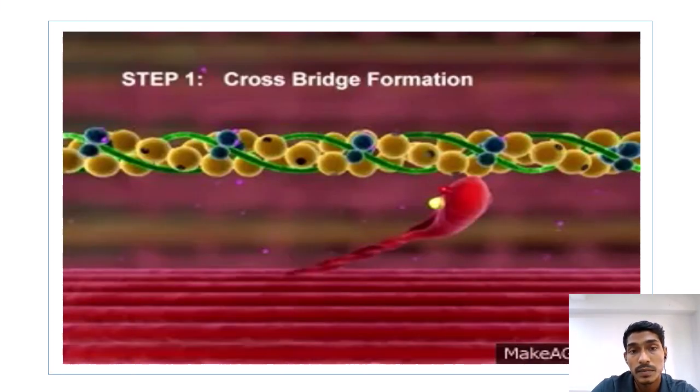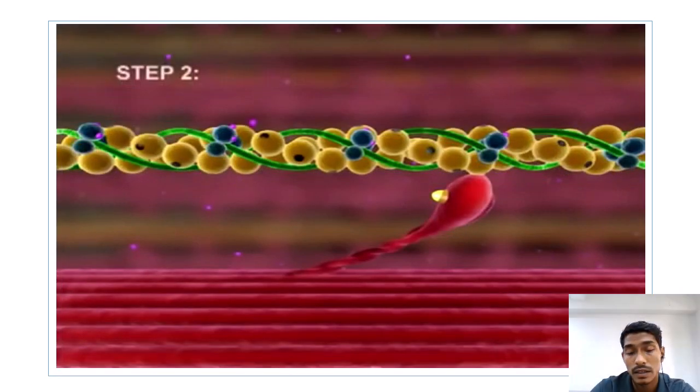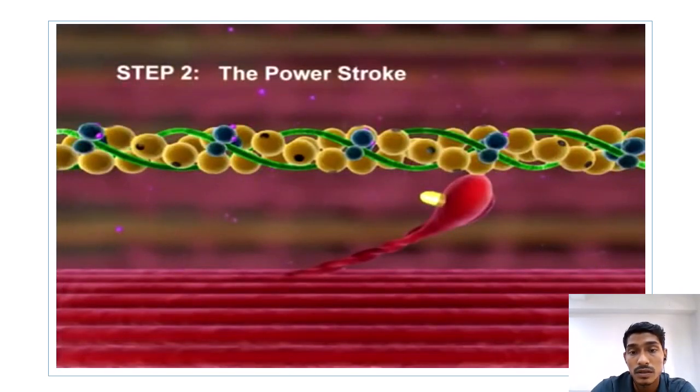What is the next step? There is the cross bridge. Now you can see the myosin will come. The next step, see the power stroke.